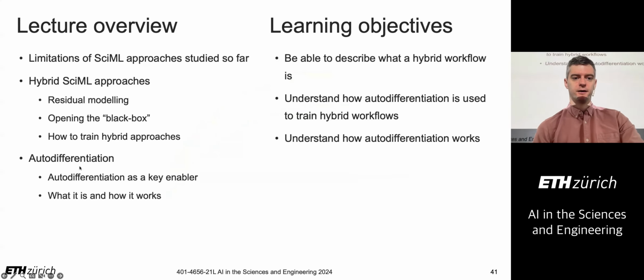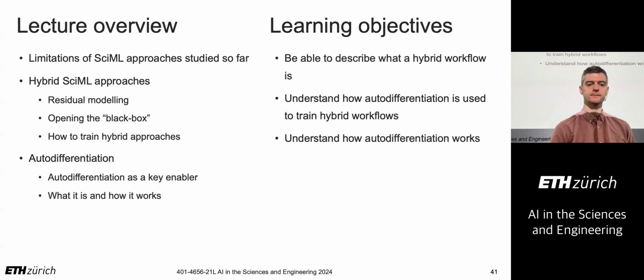So we've covered this hybrid SciML section of the lecture. I've told you about residual models, the simplest approach, and then we talked about how we can open up the traditional algorithm and insert a neural network more tightly into it. I'm going to spend the rest of the lecture, and maybe we'll carry on into the lecture on Friday as well, talking about auto differentiation.